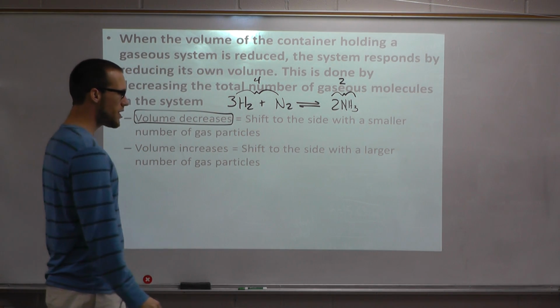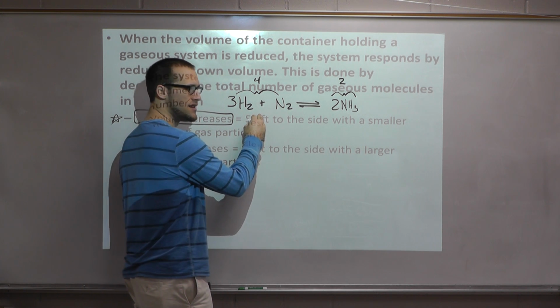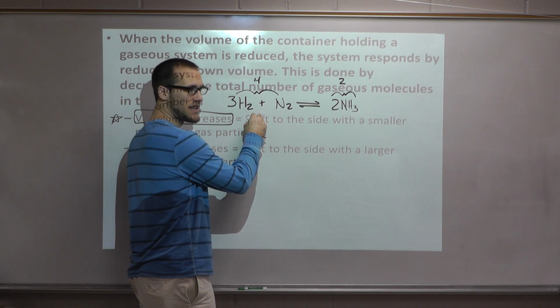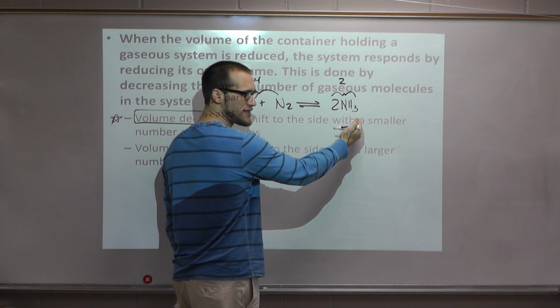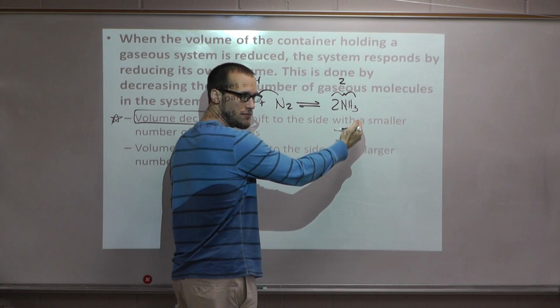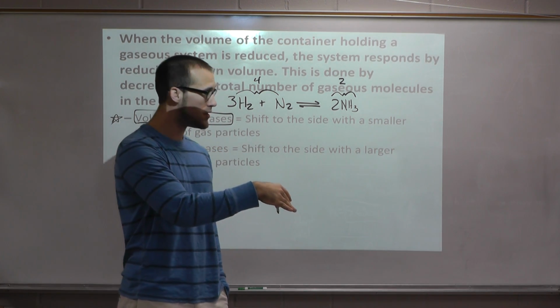So, does this make sense? If I produce more reactants, I'm going to be increasing my volume. And if I produce more products, I'm going to be decreasing my volume. More gas, more volume. Less gas, less volume. Okay?